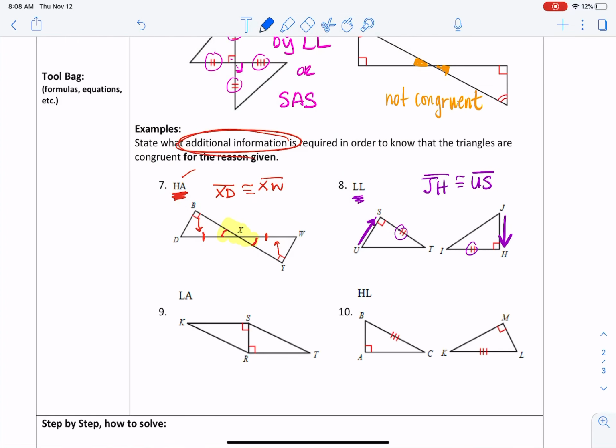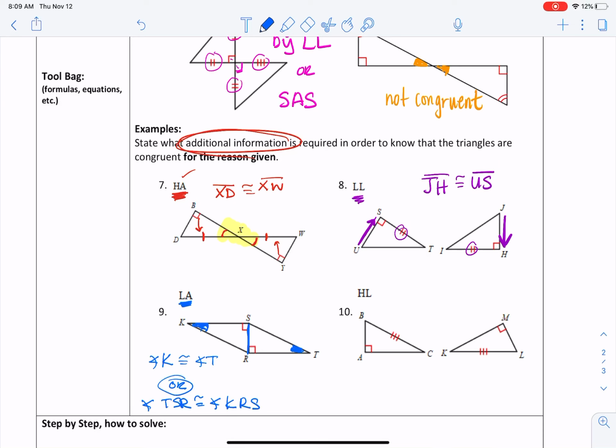For number 9, I need leg angle. So what am I given? I know that this is congruent using the reflexive property. But then I need another angle, so I need to know that angle K is congruent to angle T, or I need angle TSR congruent to angle KRS.